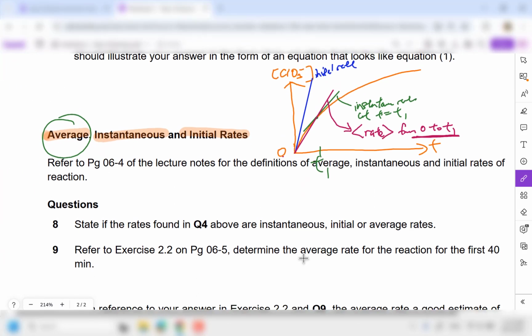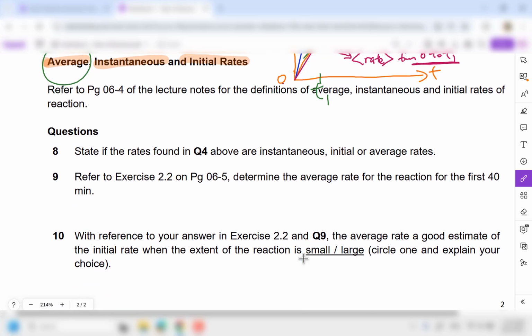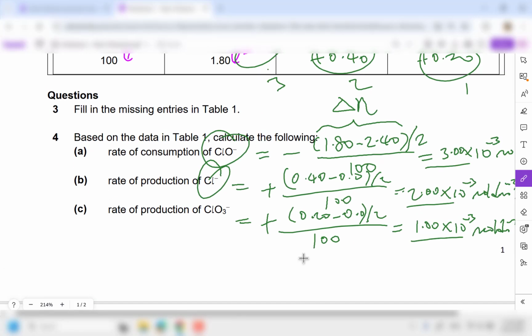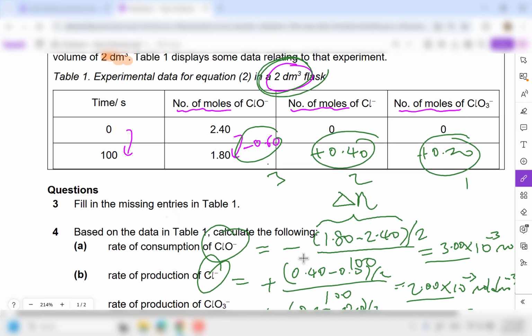For the remaining questions, you can go through them on your own through the lecture videos for the particular section of the notes. Of course, question 4, sorry, I forgot to answer question 8. Question 8 asks, state if the rate found in question 4 is instantaneous, average, or initial.